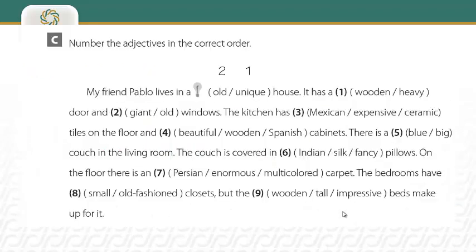Moving now to the workbook, we've got exercise C, number the adjectives in the correct order. My friend Pablo lives in a... we need to number the adjectives according to the right order. Think it over. Have some time, try to think it on your own.